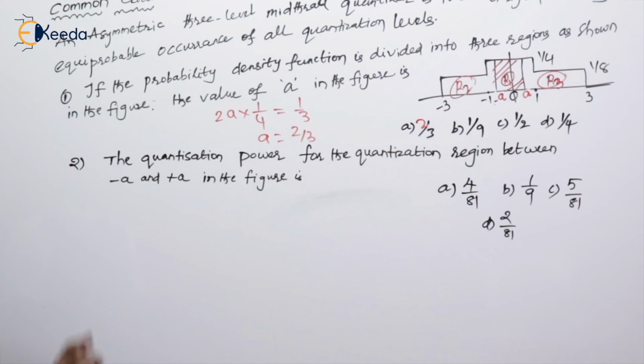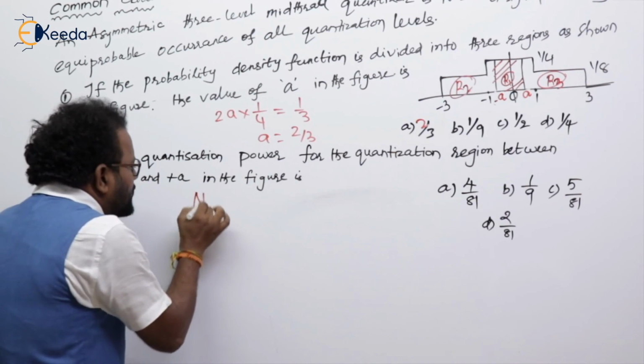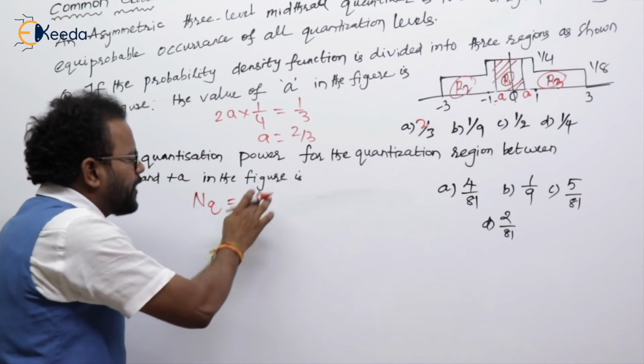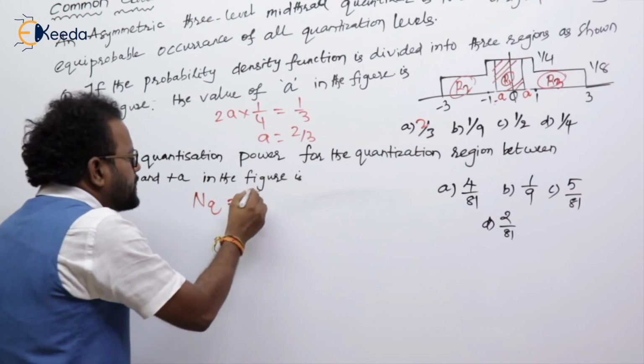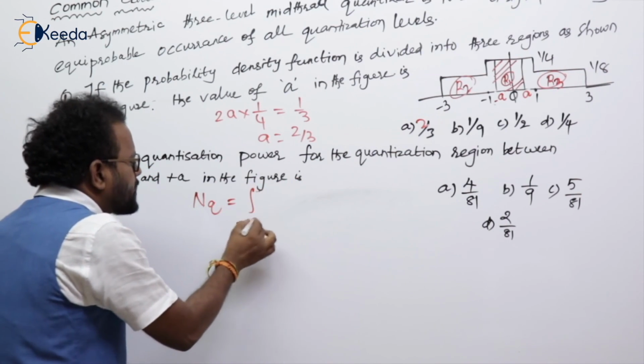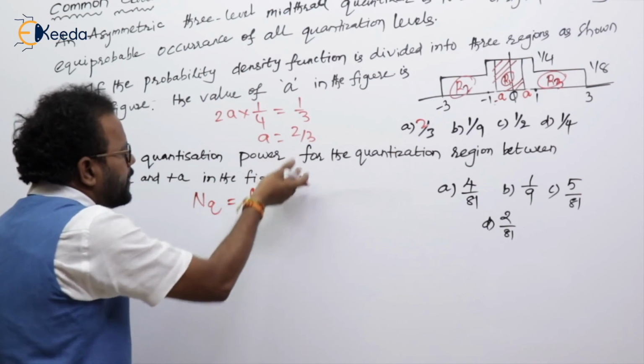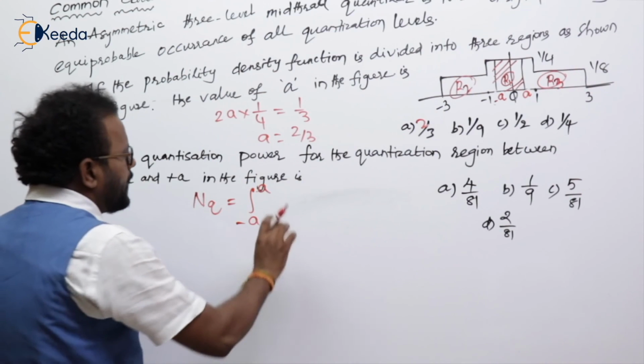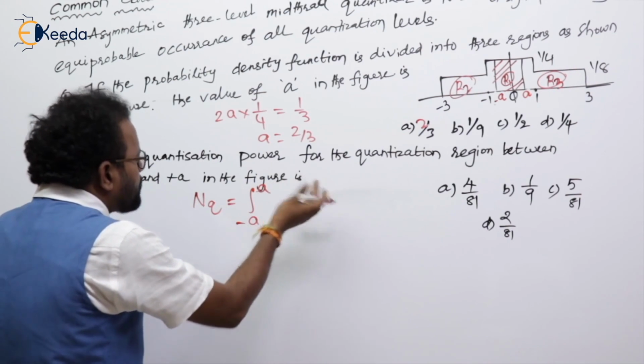Second question, the quantization noise power for the quantization region between minus A to plus A. What is the quantization noise power? It is nothing but integral minus infinite to plus infinite, but he is asking from minus A to plus A. We already got A value 2 by 3, and I will substitute it later.